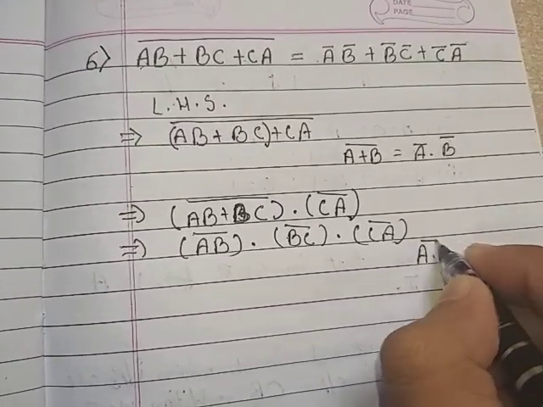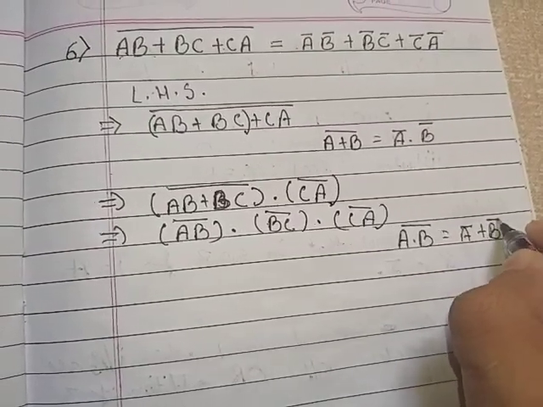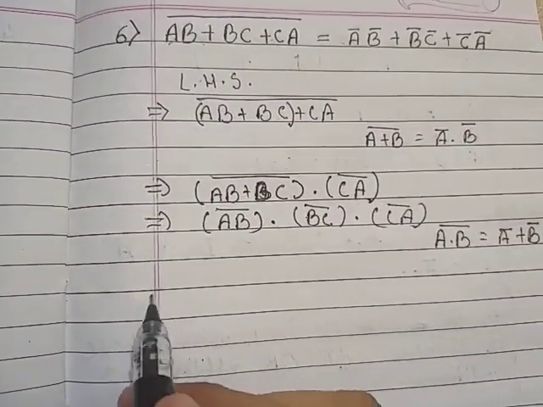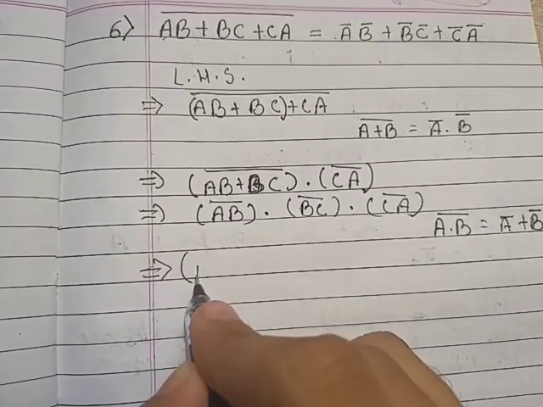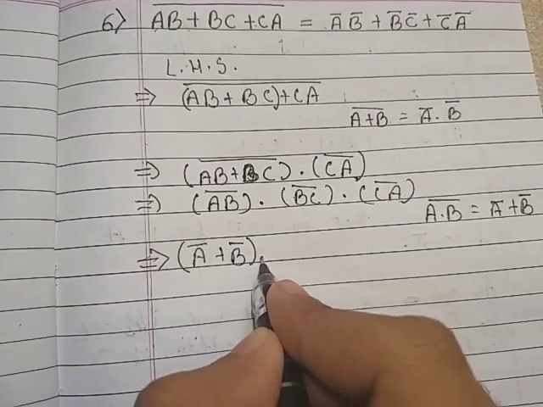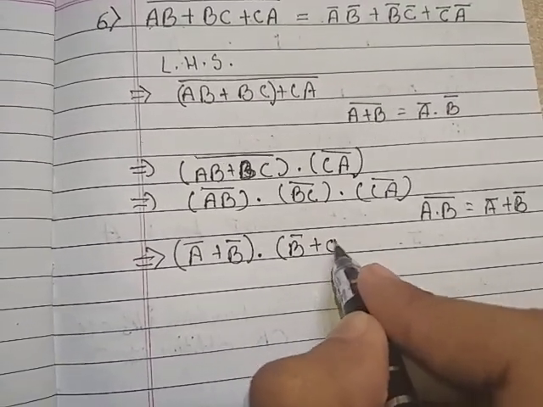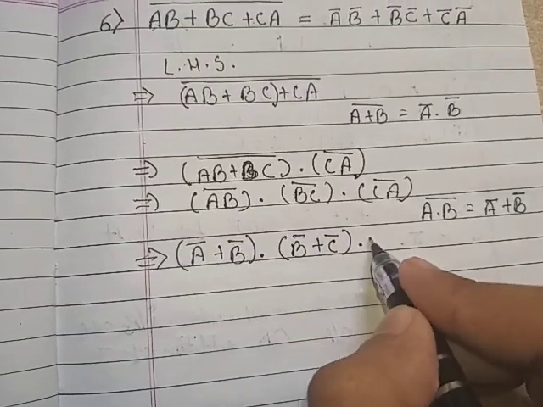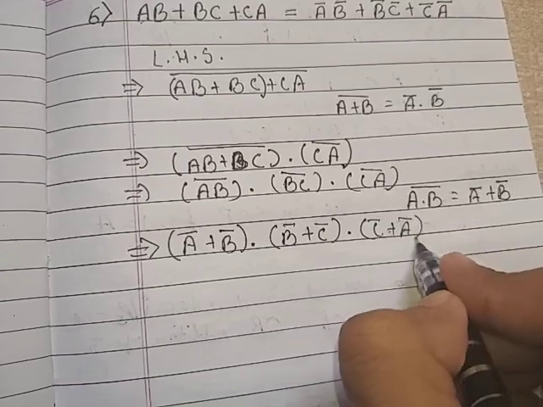A dot B to the whole bar is equal to A bar plus B bar. So in this case it will become (A bar plus B bar) dot (B bar plus C bar) dot (C bar plus A bar).